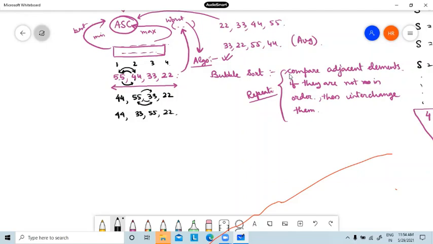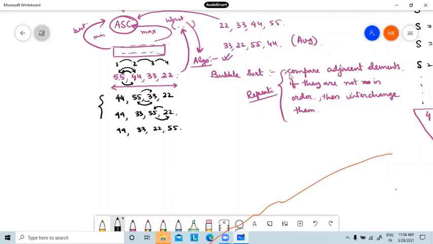I have already compared 1, 2, then 2, 3. Now I will compare 3, 4. Again, they are not in order, so I will interchange: 44, 33, 22, 55. Now there is no more element. So how many times have I compared? 1, 2, 3.